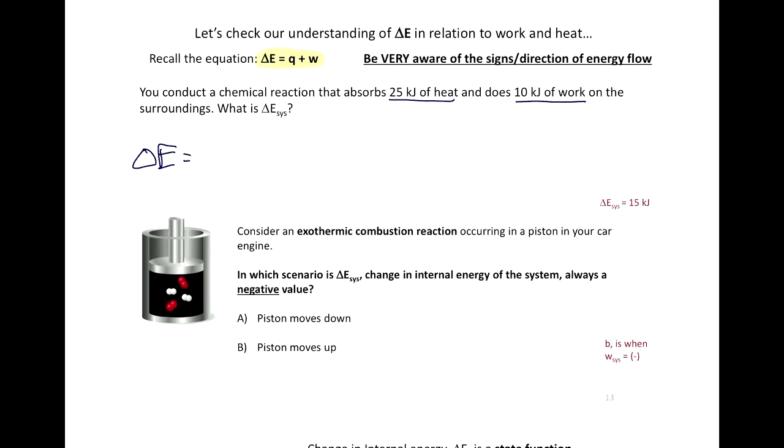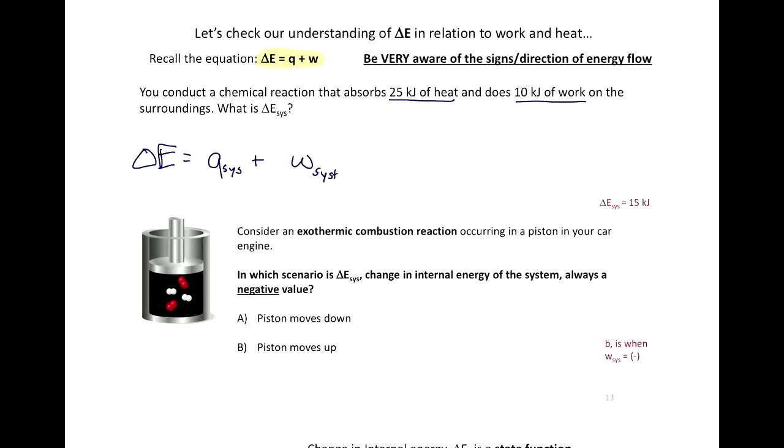Remember, it's Q plus W, but of the system. I give you numbers, 25 and 10, so you might just think, oh, it's 35, 25 plus 10. But we have to be very careful with how things are worded, because it's not necessarily positive 25. It might be negative 25 depending on how it's worded.